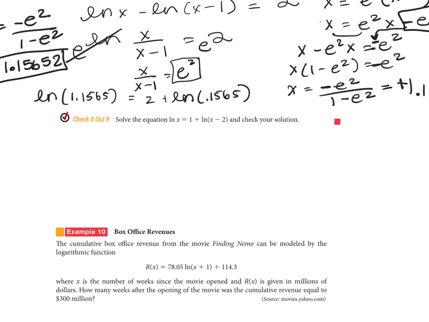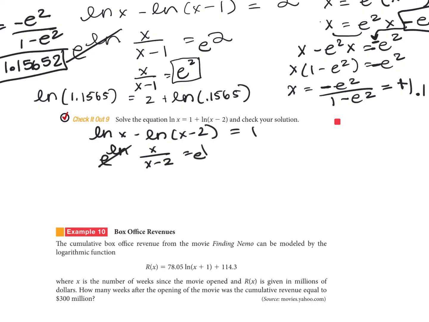All right, so same idea here. Go ahead and see if you can set that up without making a sign error like I had before. Again, we're going to combine our natural logs onto one side, and then rewrite them into one natural log. Then take e to the both sides.